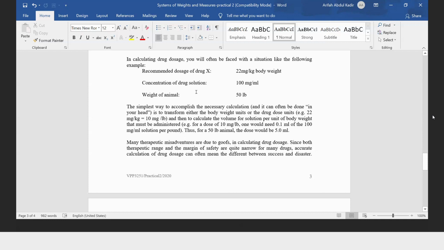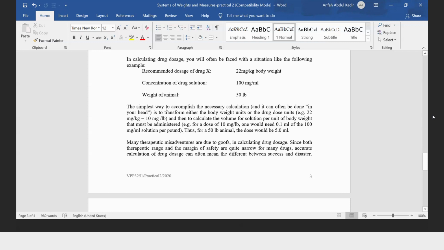Then the concentration of the drug solution: each 1 ml, because the drug is already dissolved in solution, contains 100 milligram. When you withdraw 1 ml from the bottle, it contains 100 milligram of the drug. Clear?